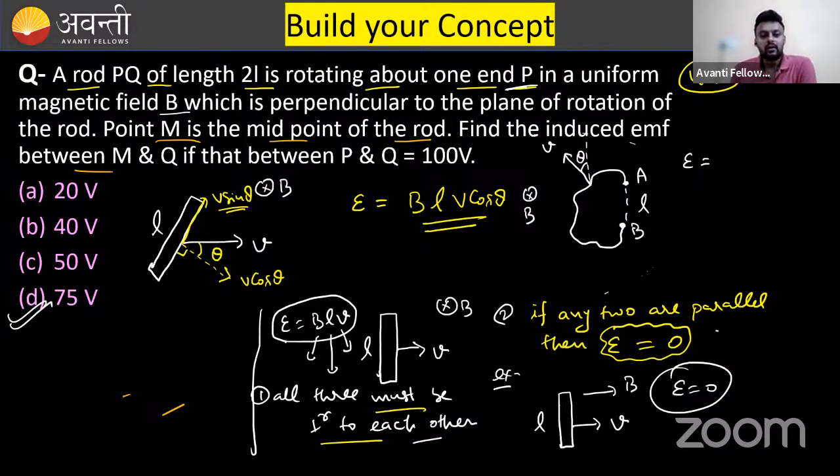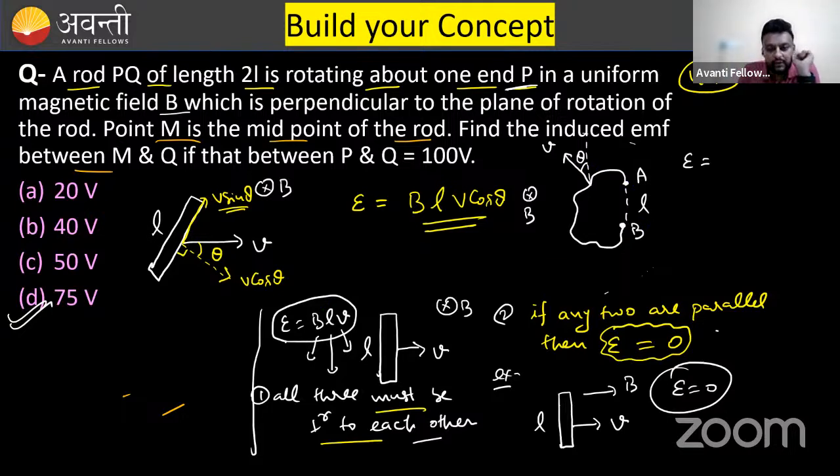Okay. Is it visible? So the wire is starting from A, and this is an irregular shaped wire. This portion has a separation L, moving with velocity V in a magnetic field B. Angle is theta.